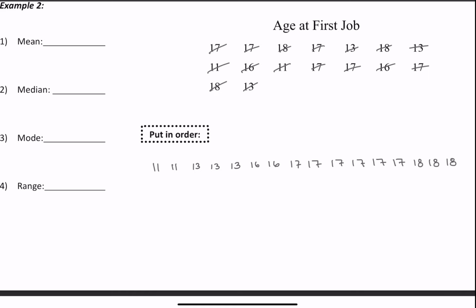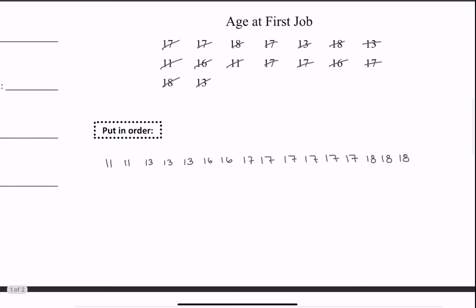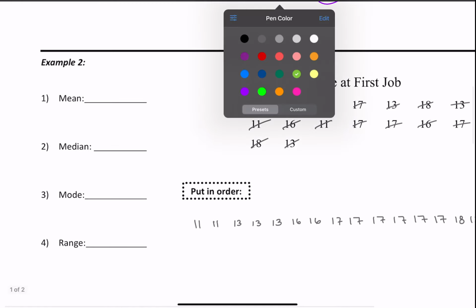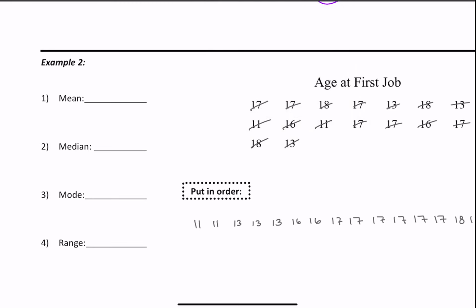Okay, so what I'm going to do is take this and add them all up. All right, so again, I'm doing the mean in pink, and this makes 249, and we divide this by 16 numbers because that's how many numbers we have, and this gives us a pretty big decimal.